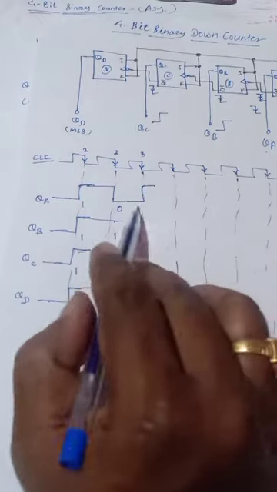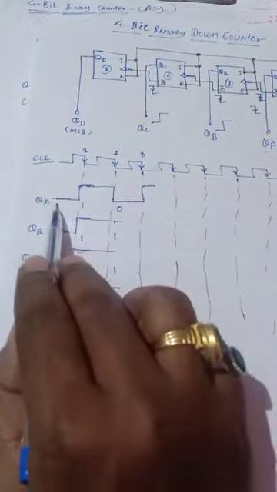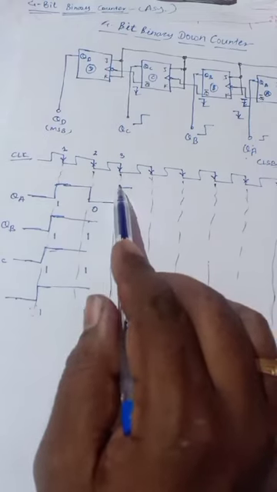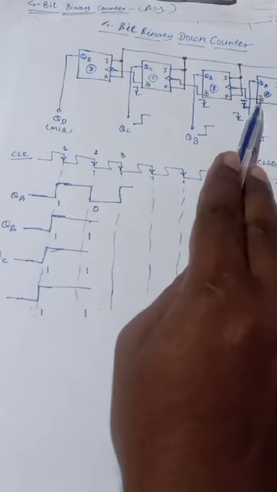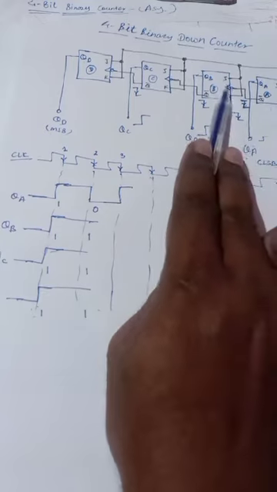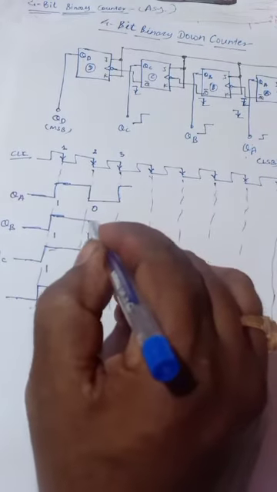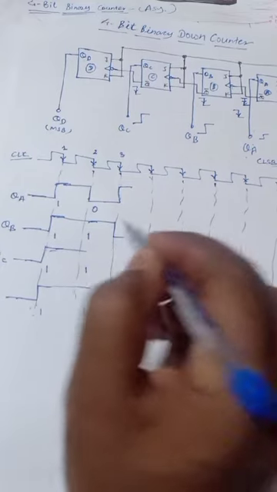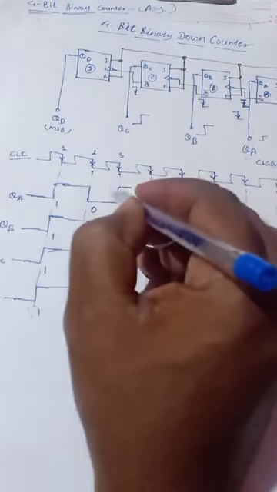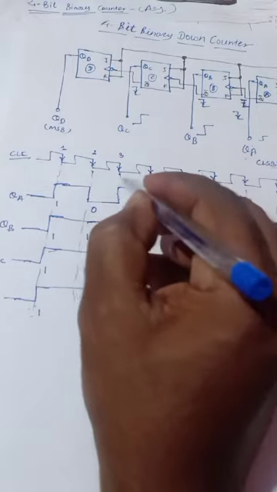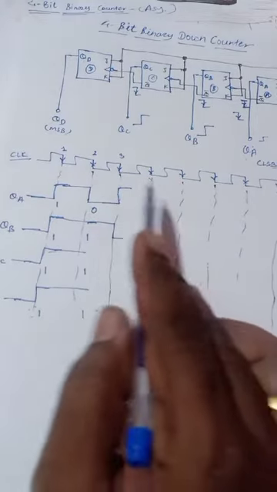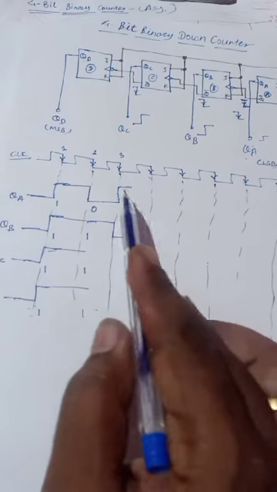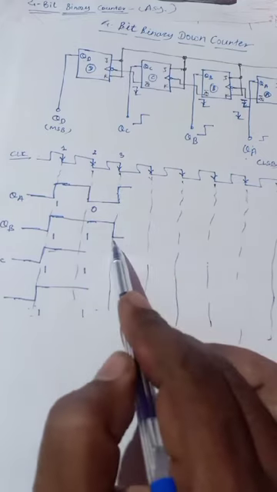Now again at the arrival of the third clock, what happens? The output changes because at every arrival of clock QA toggles, because the clock is directly applied to this flip-flop. As this is a positive change, that means Q bar has a negative change, which is applied to the clock, so because of that it changes state. So you have to mark the positive. At the rising edge it toggles. Looking at the overall picture, for the positive rising edge it toggles.